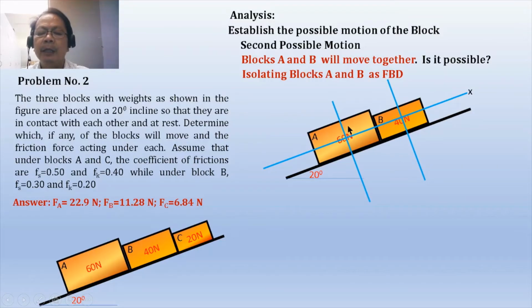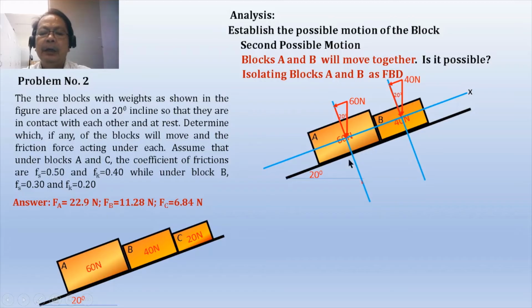The weight of A is downward, making an angle of 20 degrees from the y-axis. Similarly, this weight will also make an angle of 20 degrees from the y-axis. This 60 Newton weight will have a component perpendicular to the plane as well as a component parallel to the plane. And with the weight of the second block, B, we have a component perpendicular and a component parallel.